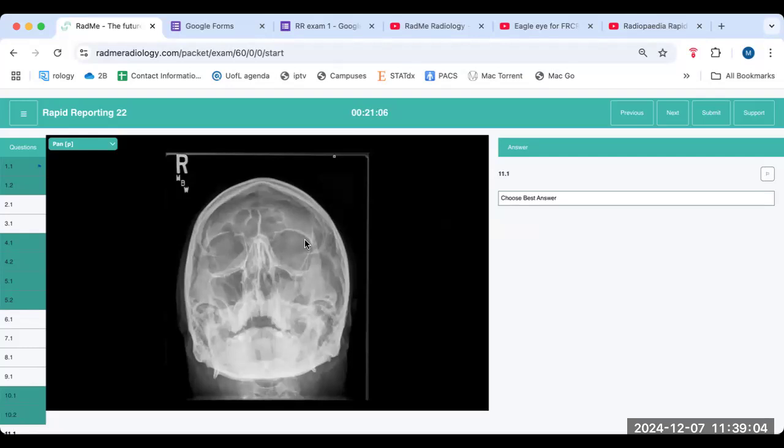In this view, you can see the orbits clearly, and don't forget the orbital floor, the maxillary sinus, the zygoma, and if there is any part of the mandible included in the field of view, check for it. Here, don't put a dens fracture because first, it is not the open mouth view.